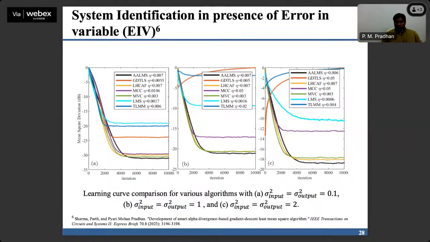So these are comparisons of some of the state-of-the-art algorithms when outliers are faced with different noise powers. So 0.1 is low noise power, and similarly, what kind of signal power you have. You can go on varying those signal power and noise power and check how the criterion is behaving.